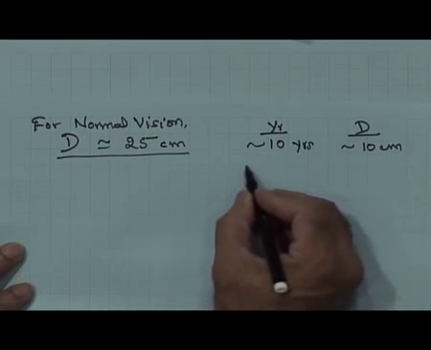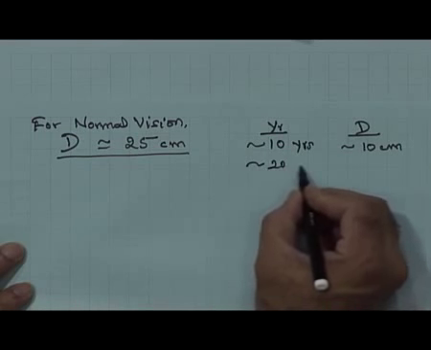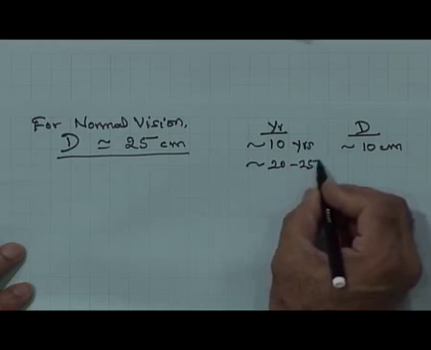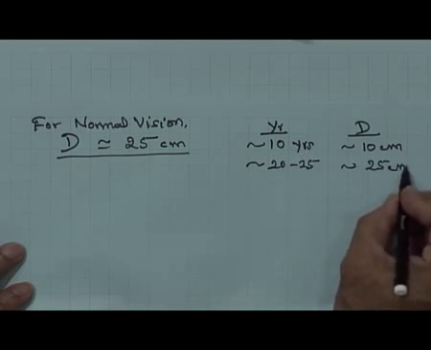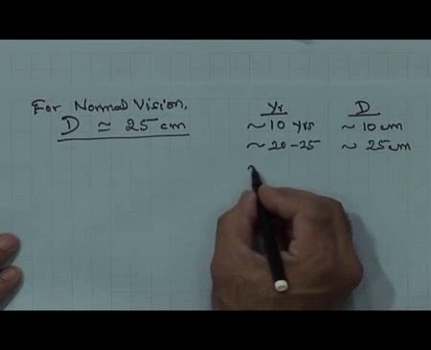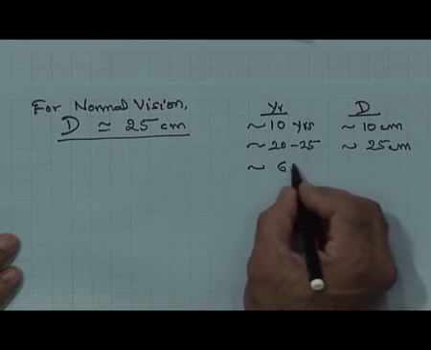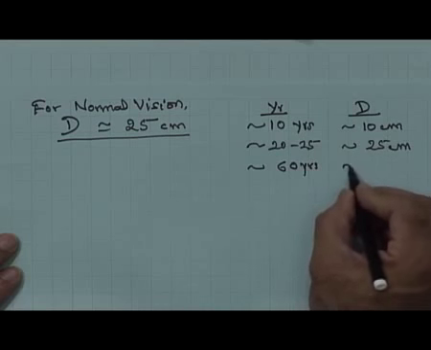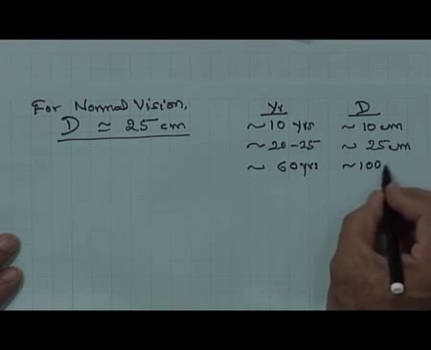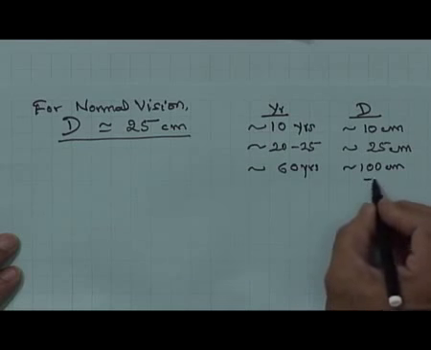But those who are in the range of 20 to 25 years, these are approximate ranges, D is also approximately 25 centimeters. Those who are in the range of about 60 years, then this could be anywhere from 100 centimeters to 500 centimeters.